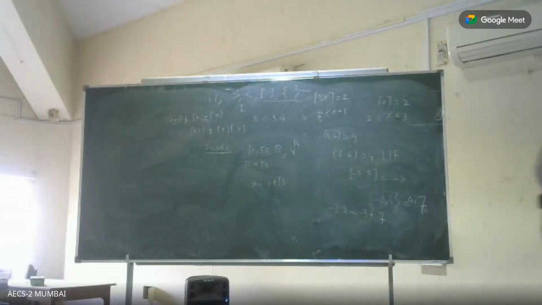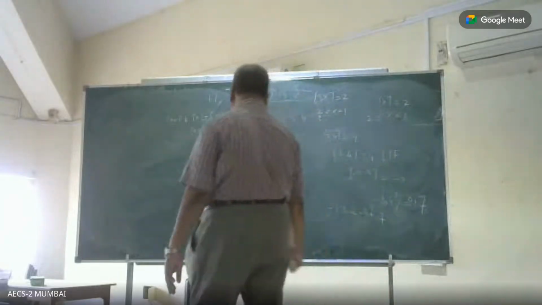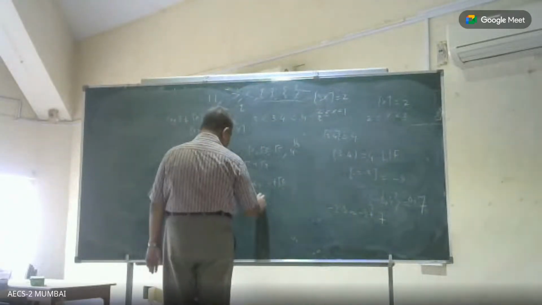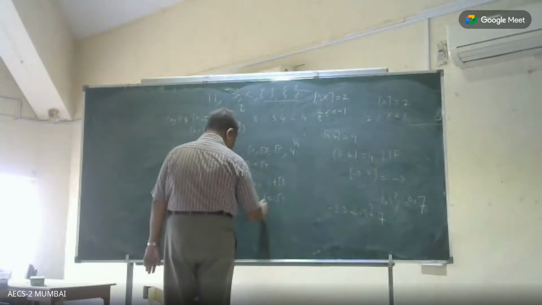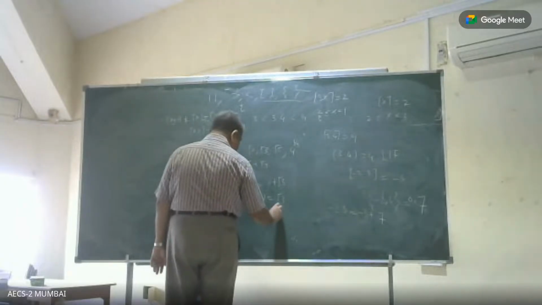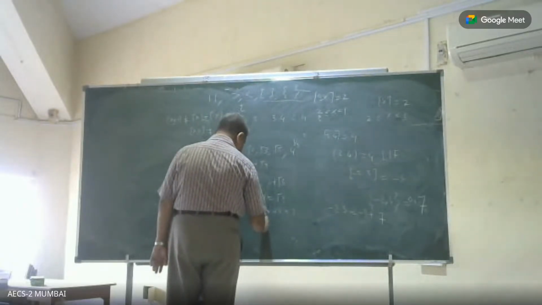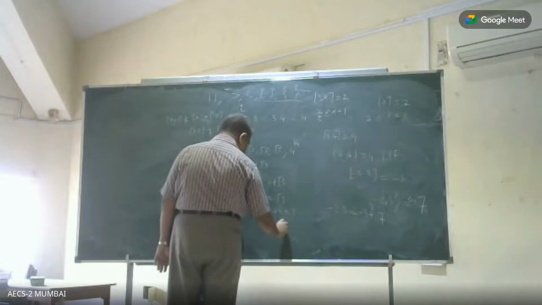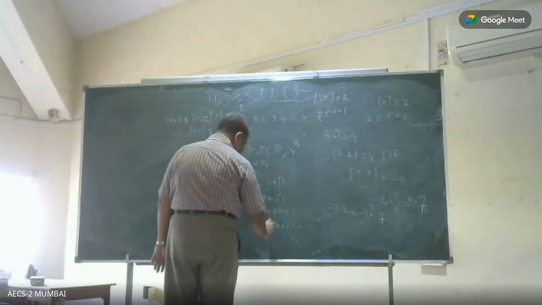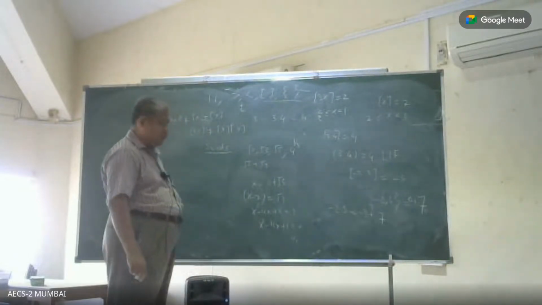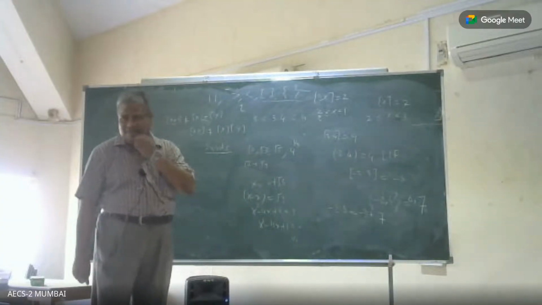So how will you construct? You say x minus 2, square this. Is this correct? Will this equation have this root? Then the other root will be 2 minus root 3.